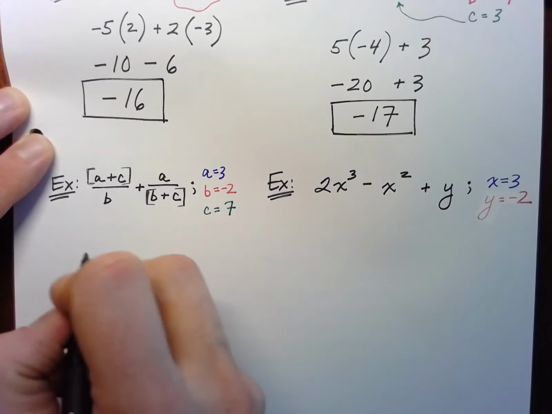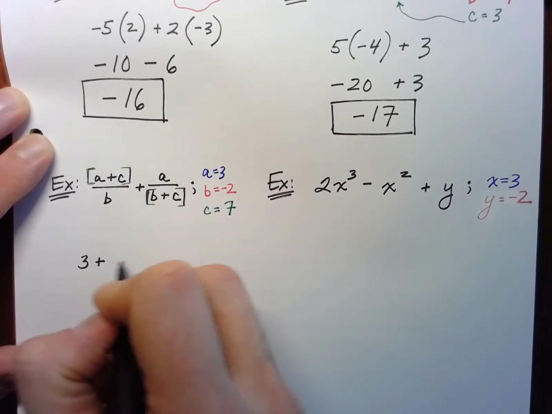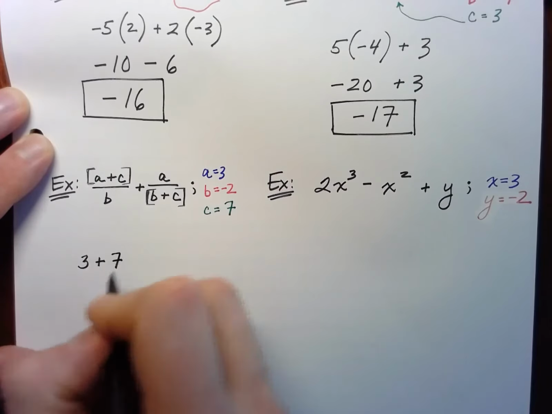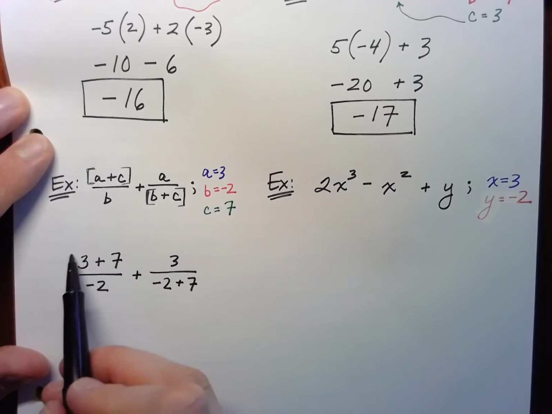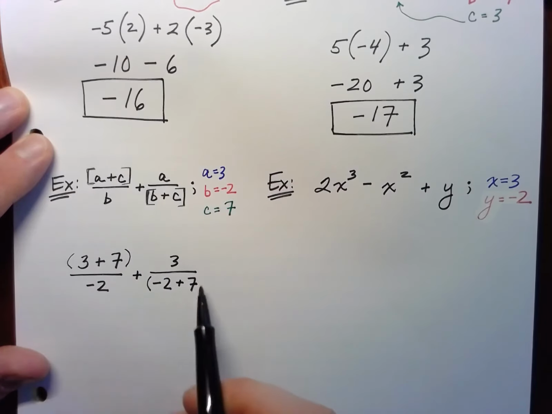So A plus C over B plus A over B plus C. This is locked in and this is locked in.